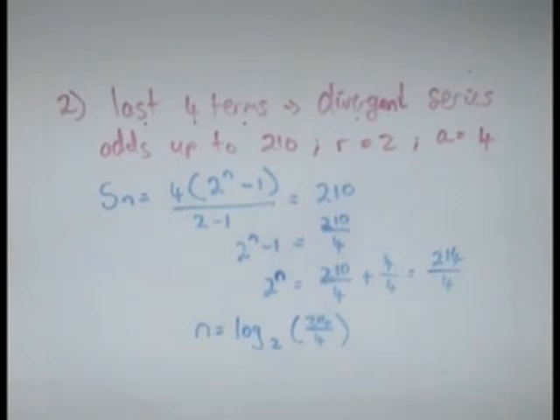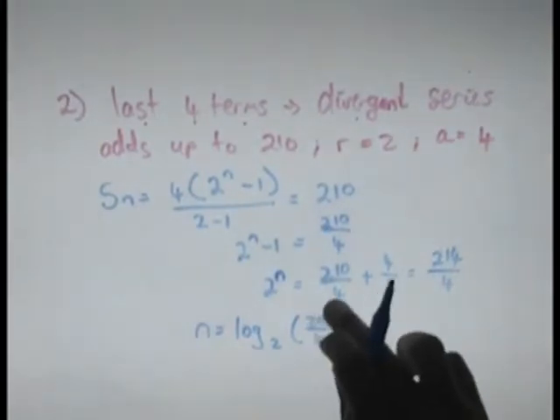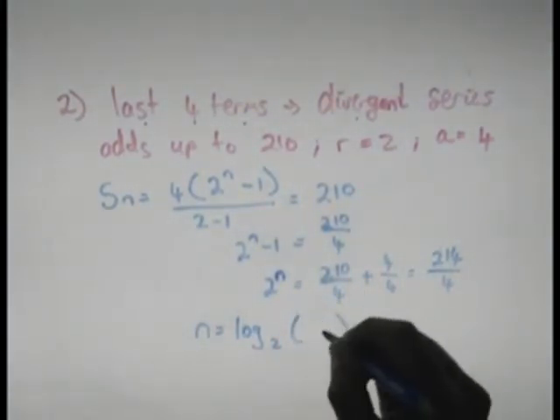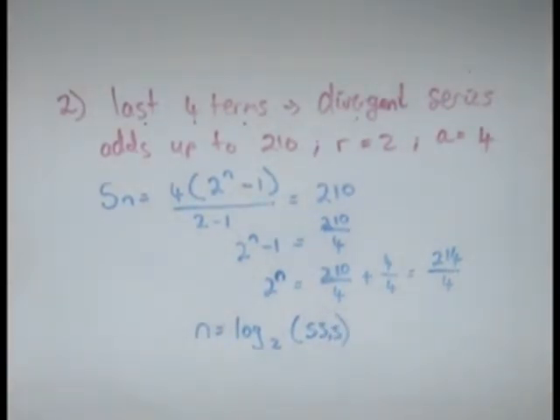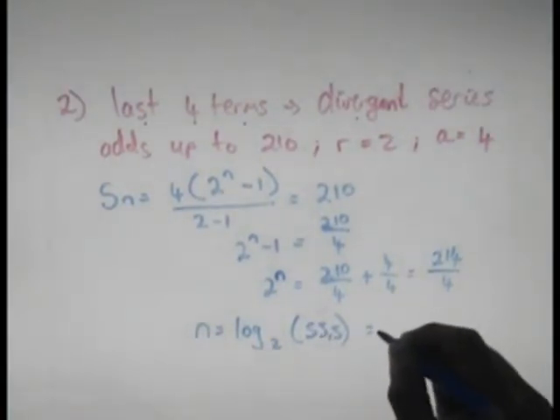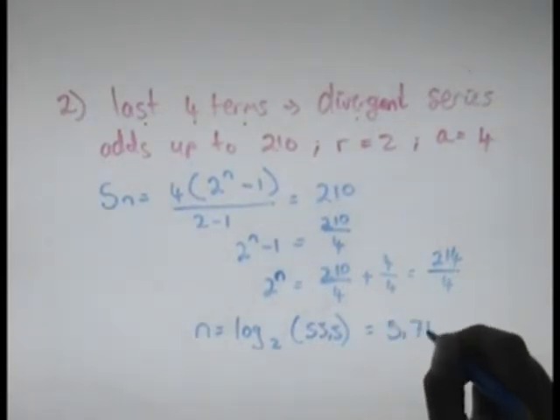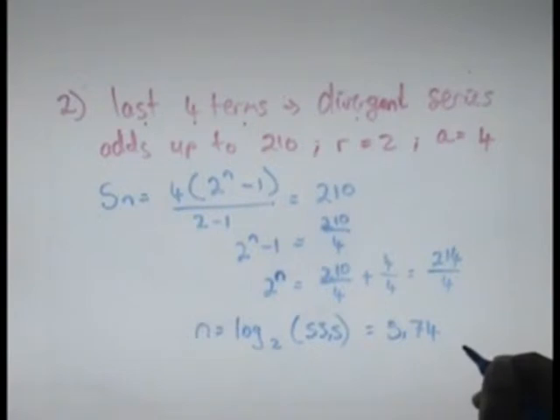That's going to give me 214 over 4, I can simplify it to be 53.5. Log of that is going to give me 5.74 terms.